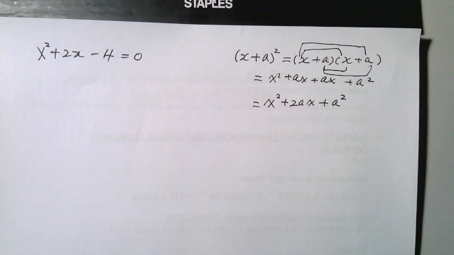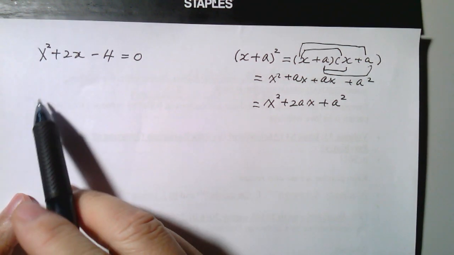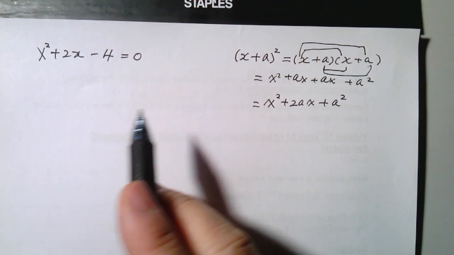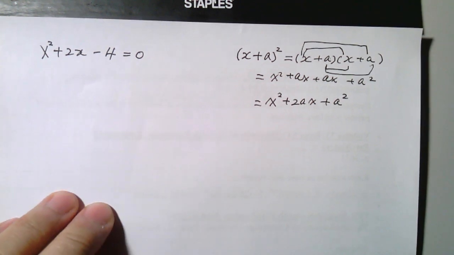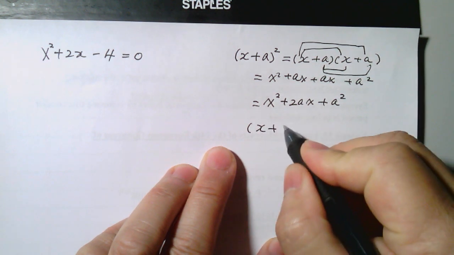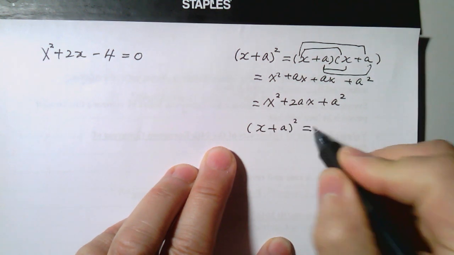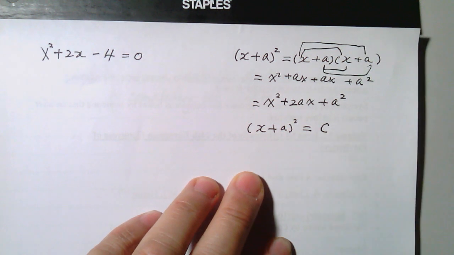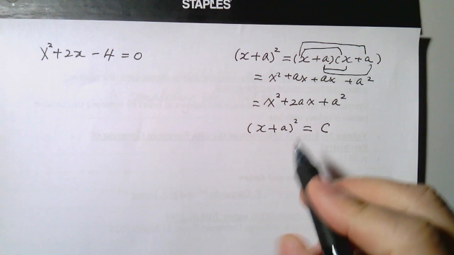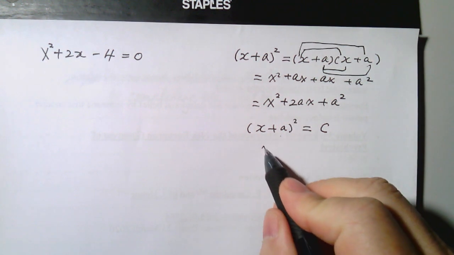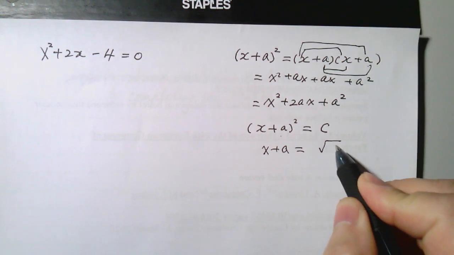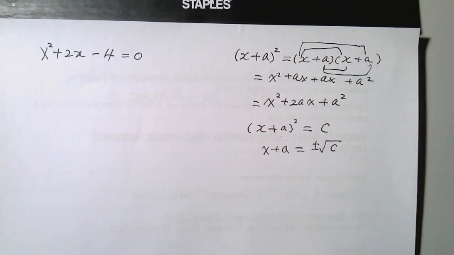When we complete the square for solving an equation like this, we want our equation to eventually become something like this: (x + a) squared equals c. When we have an equation like this, we simply take the square root of both sides, and we get square root of c, plus or minus.